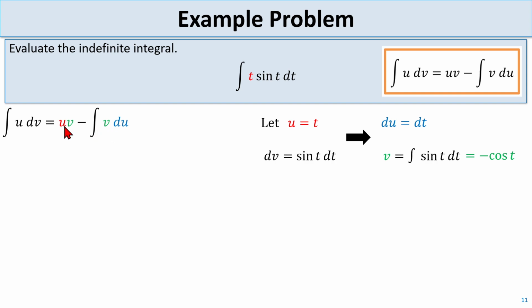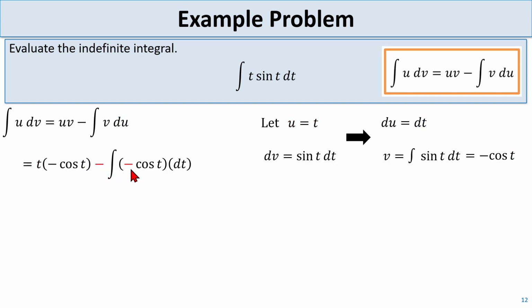So now we have everything that we need to plug into the integration by parts formula. Let's go ahead and do that. U is t. Both of these v's are negative cosine. And du is dt. As usual, after I plug everything in, I'm going to look for things to simplify.